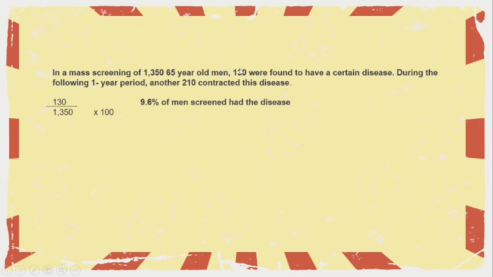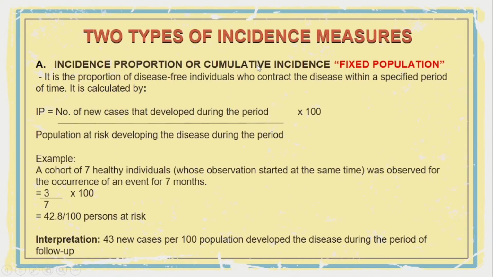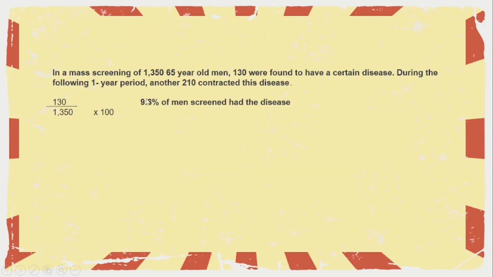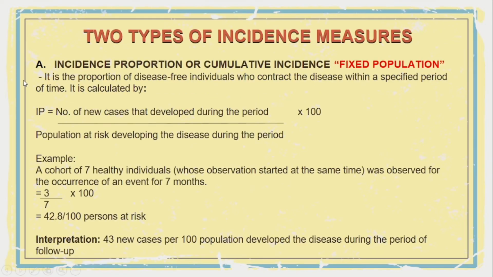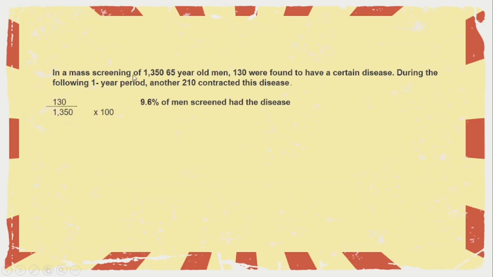Yung 130 kasi yun yung nag-develop during the certain period of time divided by yung 1,350, which is yung population at risk mo to develop the disease during the period, times yung 100 lang. Since minultiply natin siya by 100, we will convert it into a percentage.